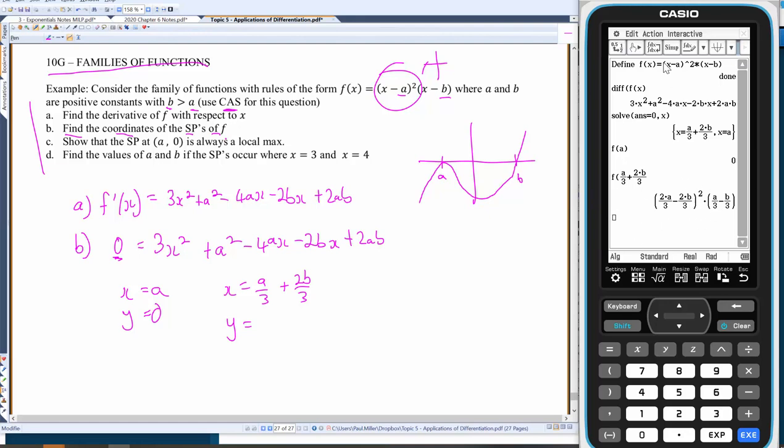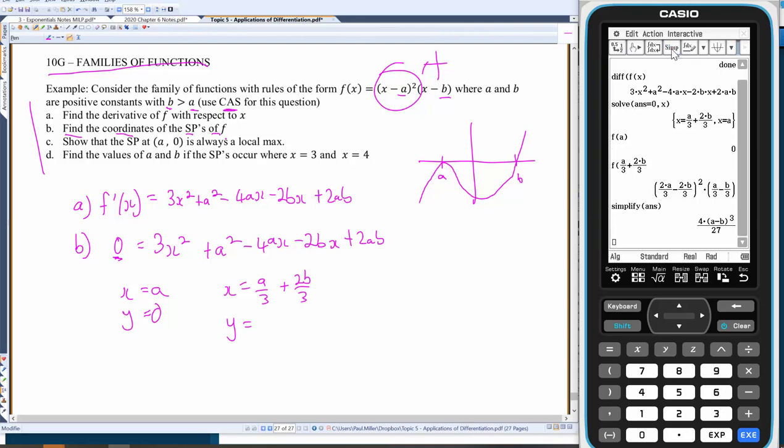That looks a little bit clunky, and usually if they've thought about the problem in advance, this will simplify down, and it does quite nicely. All right, so this is 4 brackets a take b cubed over 27. So as a coordinate or ordered pair, a comma 0, and a plus 2b on 3, comma 4 a take b cubed over 27. So there's our two stationary points.